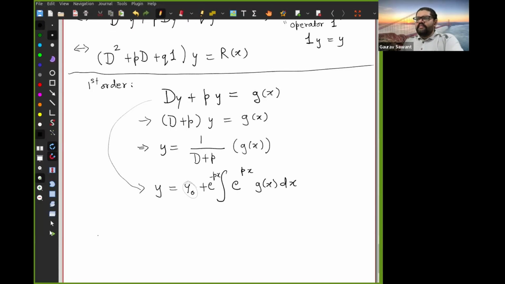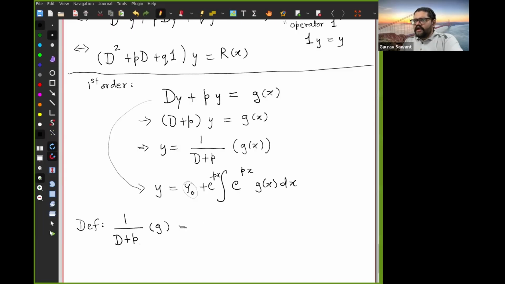But what is more interesting is that this particular expression is being involved. So we make a definition of the integral operator, or inverse differential operator, 1 over d plus p acting on g, where g is a function.